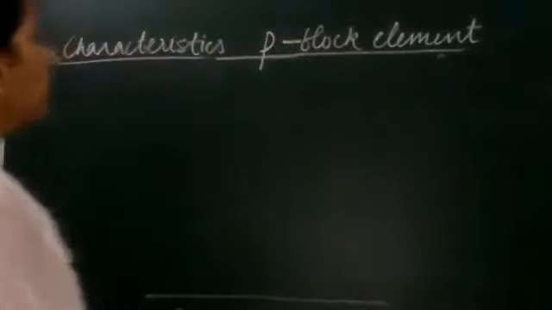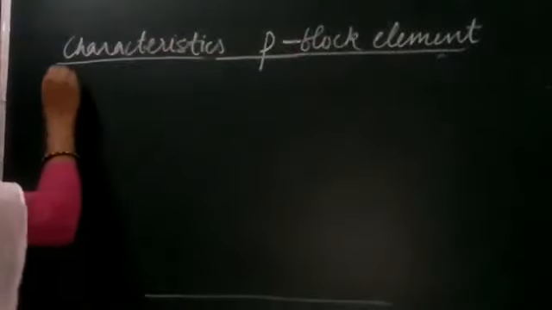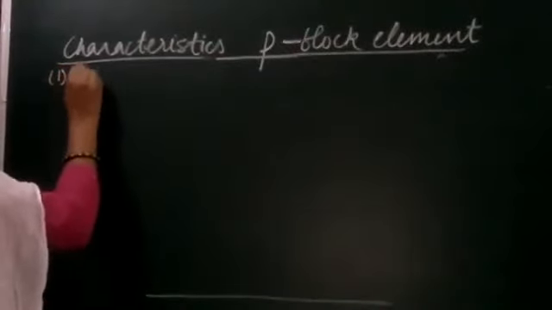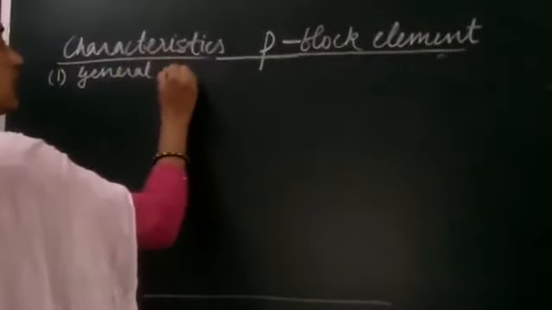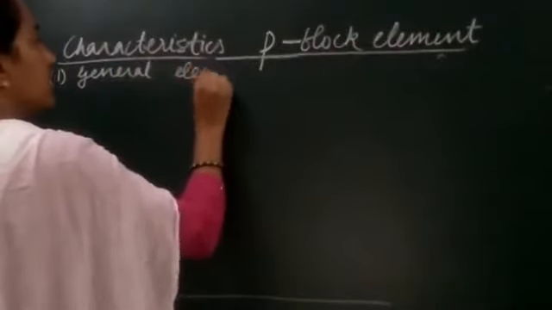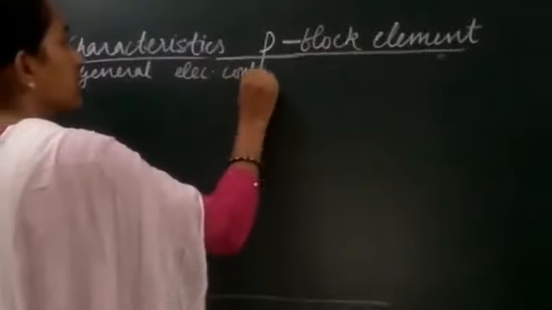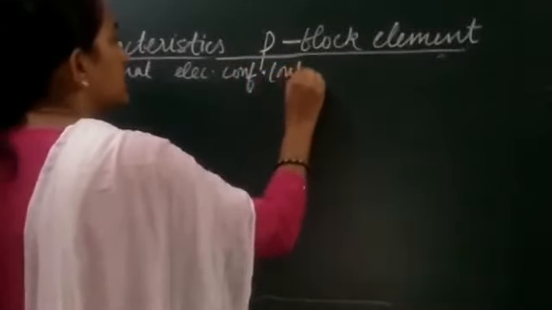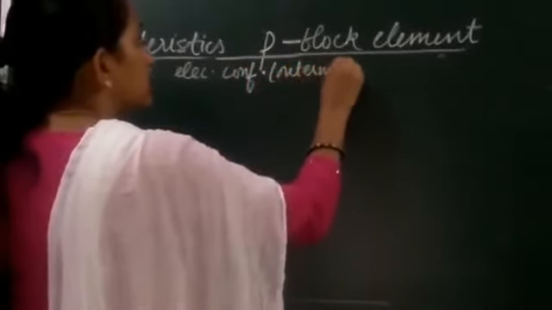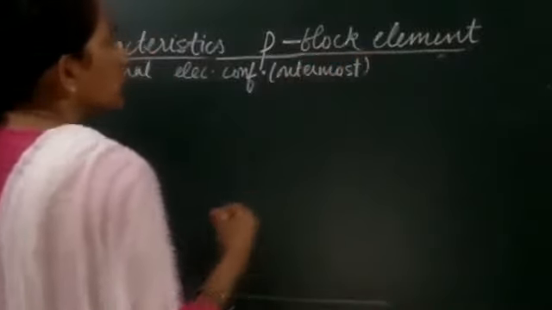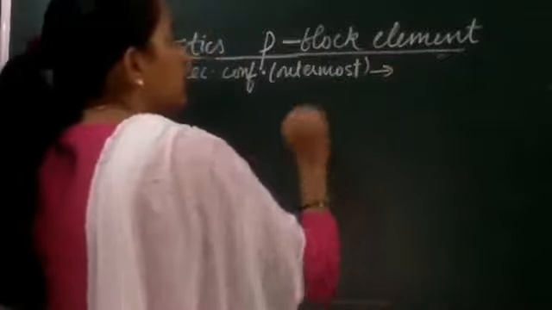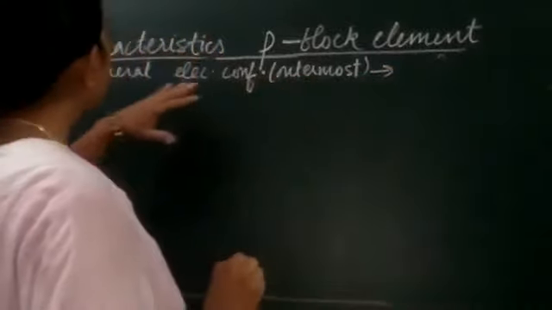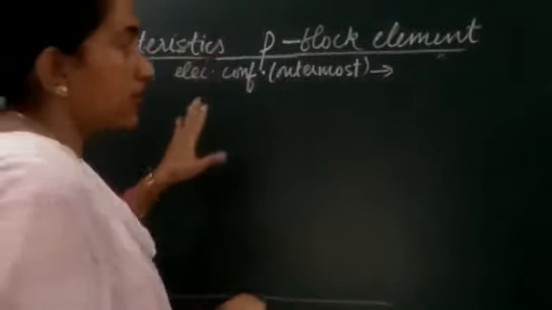So here in the p block element we have discussed the general electronic configuration, the outermost one which is going to be filled up, right? Generally we write it outermost, or you can simply write down general electronic configuration, right?